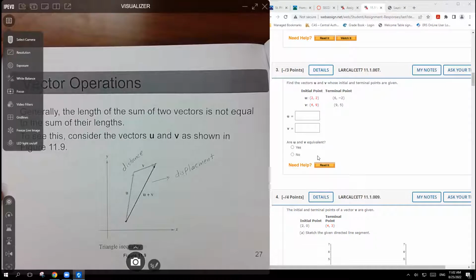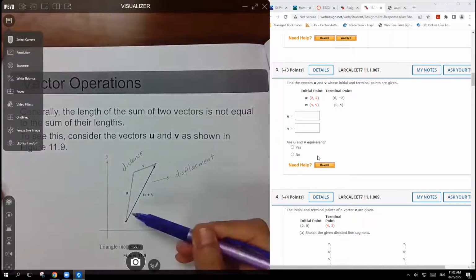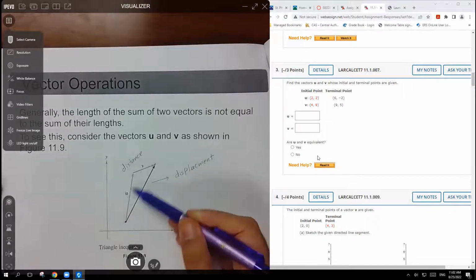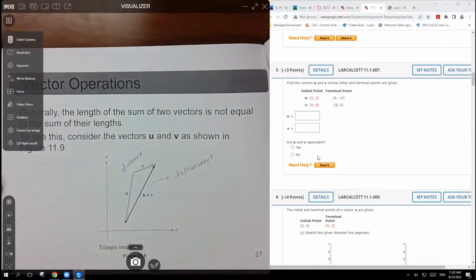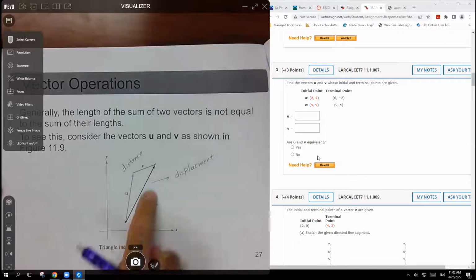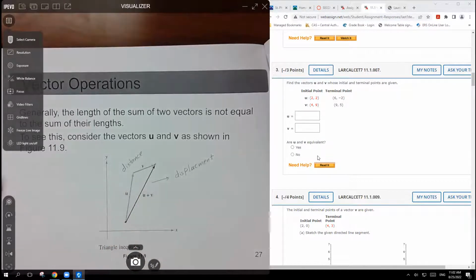Displacement. So tell me, as a length, which one is going to be longer, the distance or the displacement? Distance. This is going to be longer.